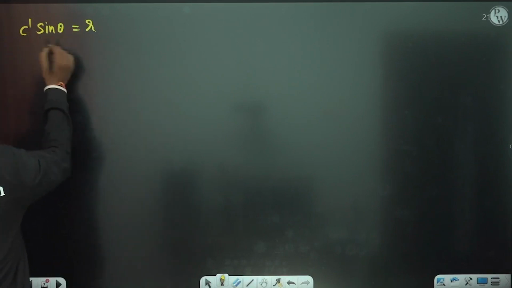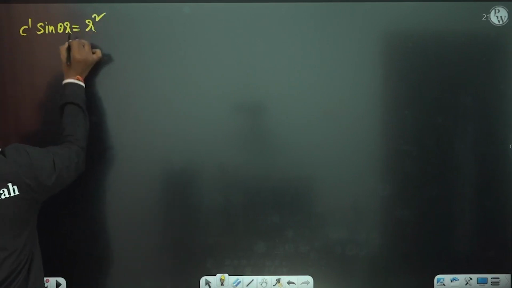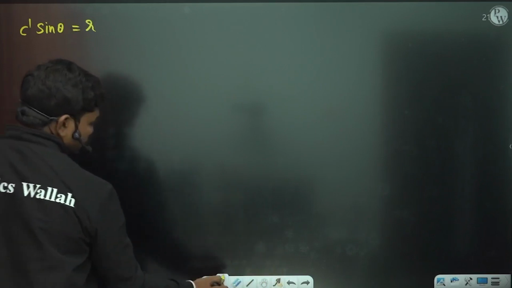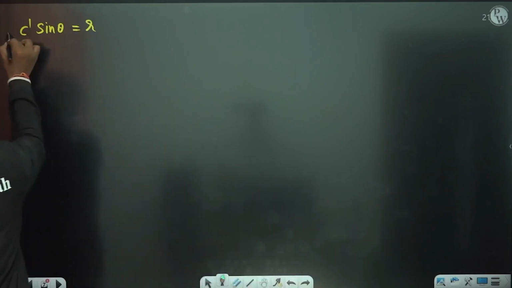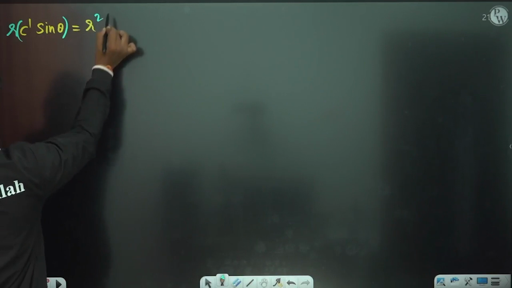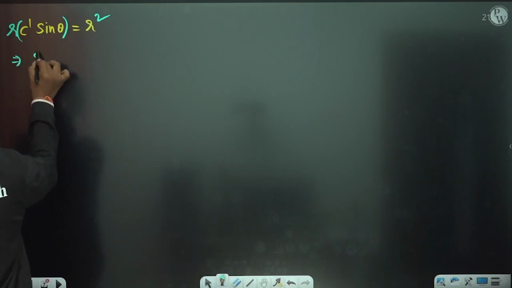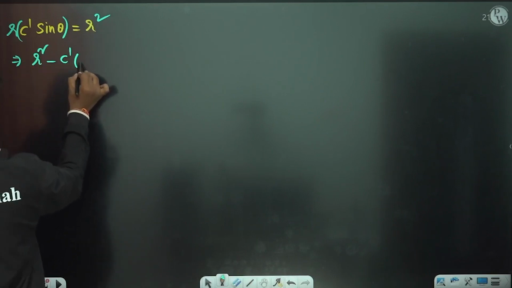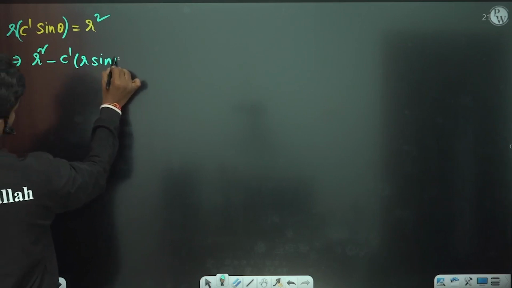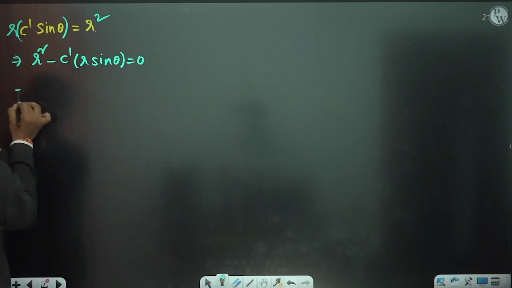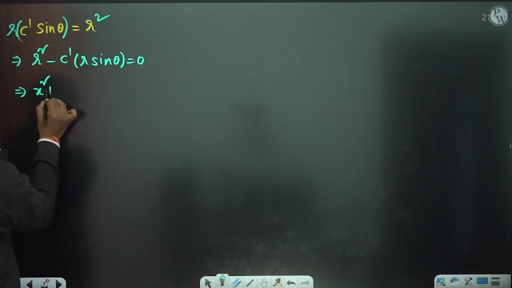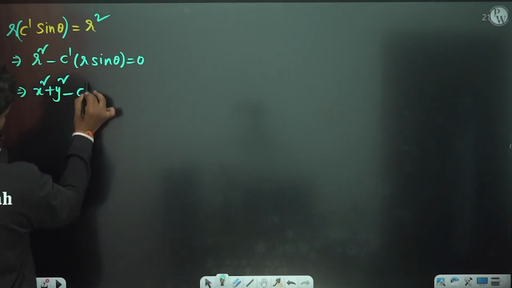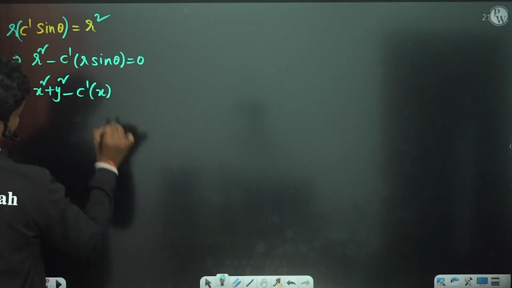Now what we'll do, we'll multiply one small r on both sides. Okay, so this gives you r square minus c dash times r sin theta is equal to 0. If you simplify, r square is x square plus y square, minus c dash times r sin theta, which is y actually.